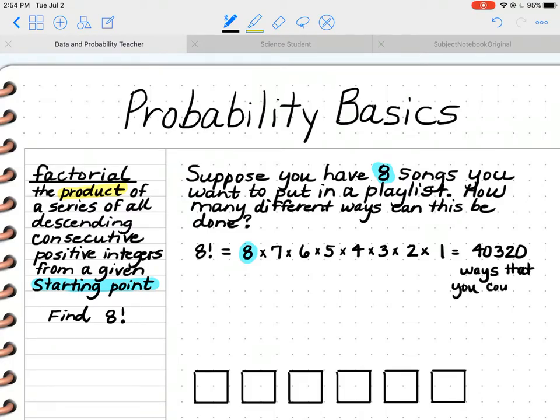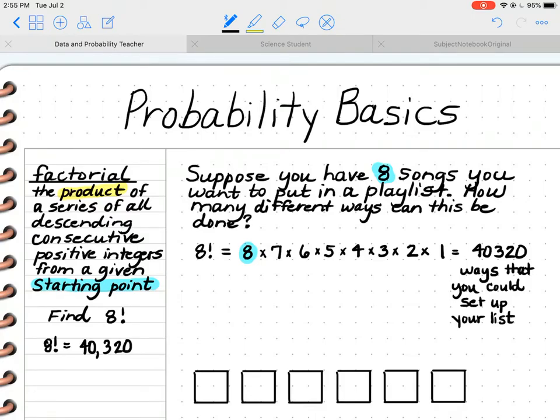Do you want to draw a tree diagram for this one? If you do, have at it. I do not. Can you imagine how many branches that thing would have? Okay. So 8 factorial equals 40,320.